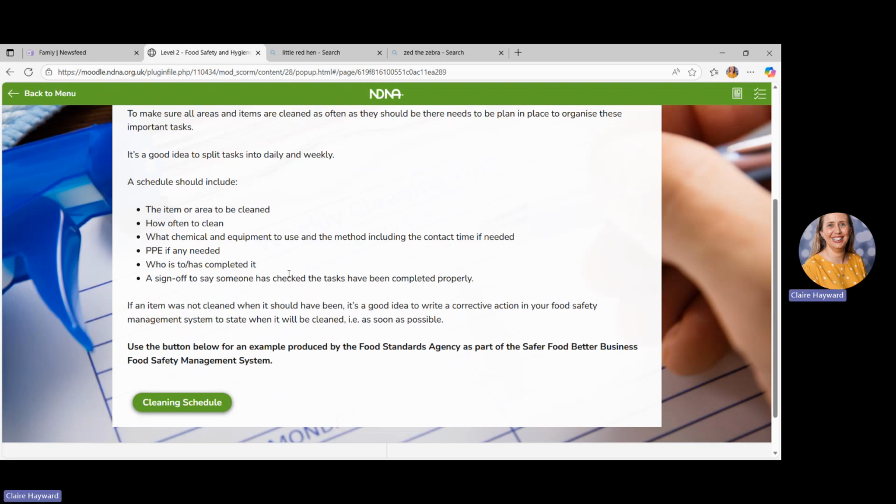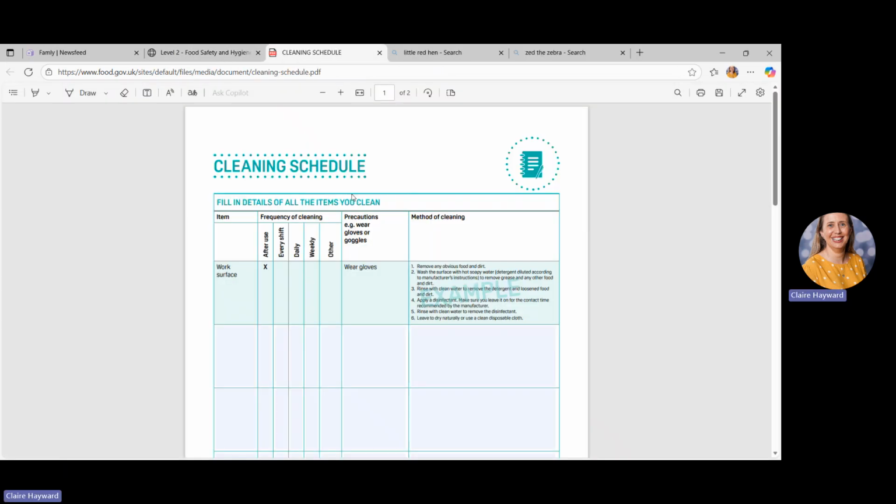A sign off to say that someone has checked the tasks have been done. If any item was not cleaned when it should have been, it's a good idea to write a corrective action in your food safety management system to state when it will be cleaned, i.e. as soon as possible. In here, you'll find in your food books your cleaning schedule.